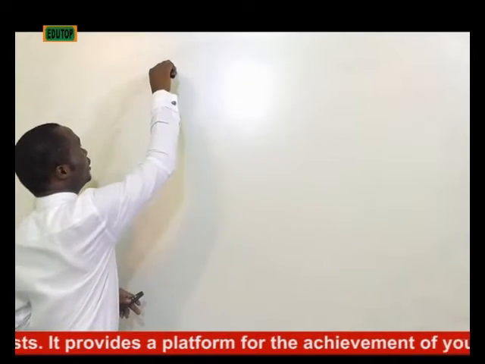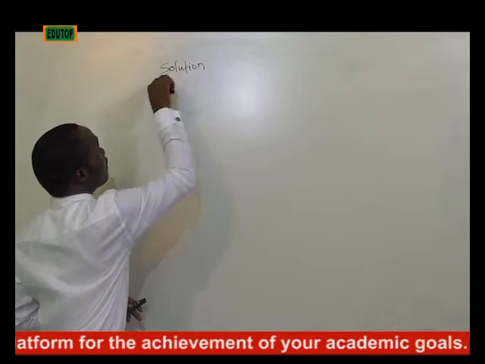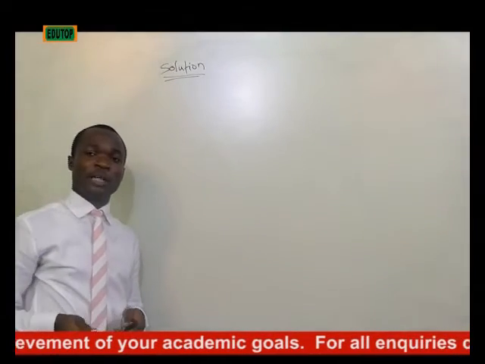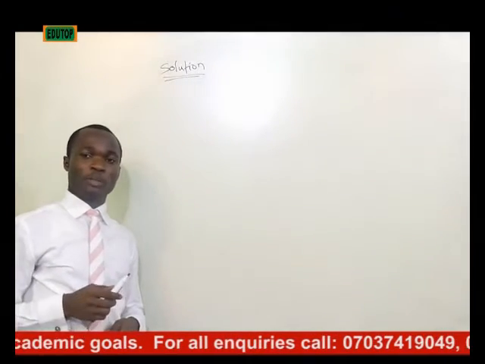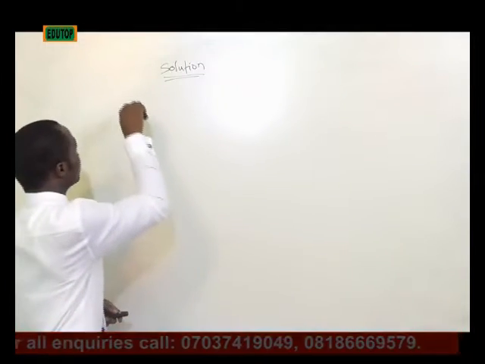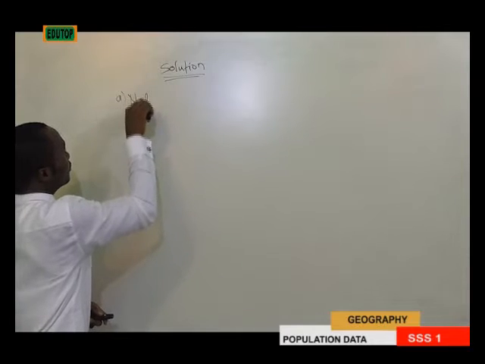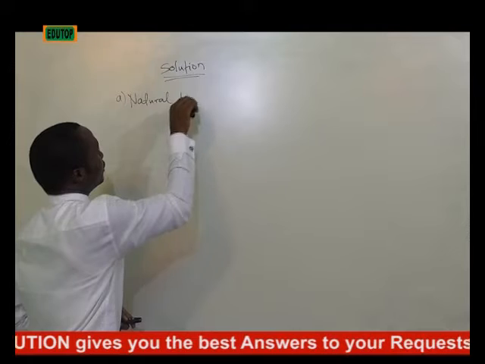Let's look at the solution. Let's calculate the natural increase in a population in 1996. A. Natural increase.